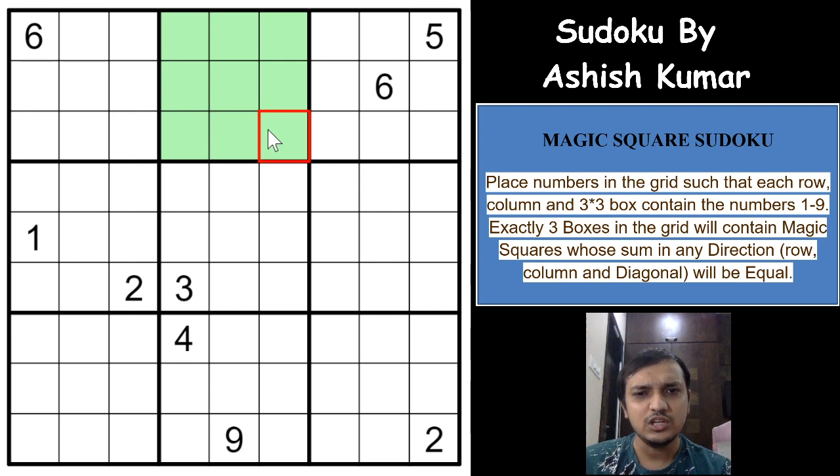In other words, all the rows, all the columns of that magic square, plus the sum of the diagonals will always be equal. There are 8 directions, and in all these 8 ways, the sum will always be equal. That is what the magic square says.